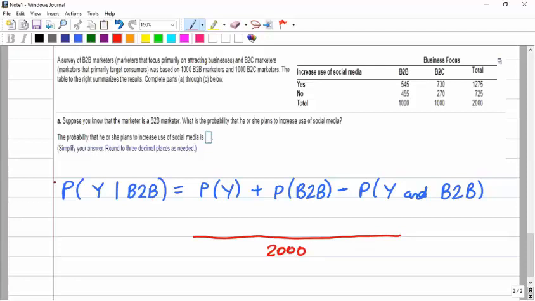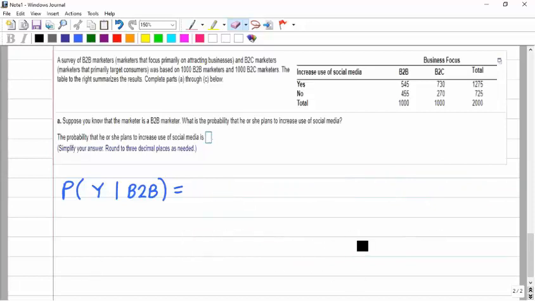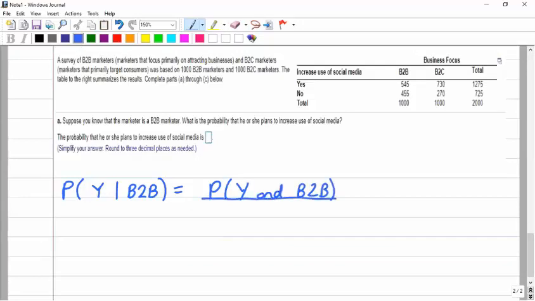If you're doing it my other way, that just means you're changing the denominator already. But this is, oh crap, wrong formula. Pretend like you didn't see that. That was for the or. I'm still stuck on that. Excuse me. All right, easily fixed. Never mind. It's this. Probability of Y and B2B over B2B.